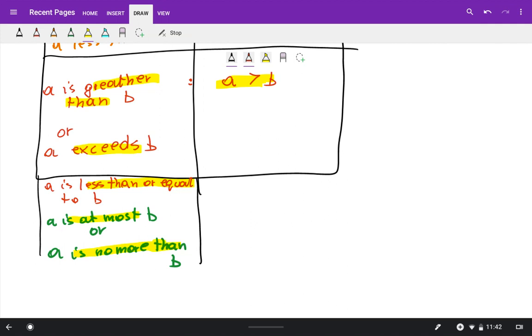And the inequality which we're going to use is A less than or equal to B.